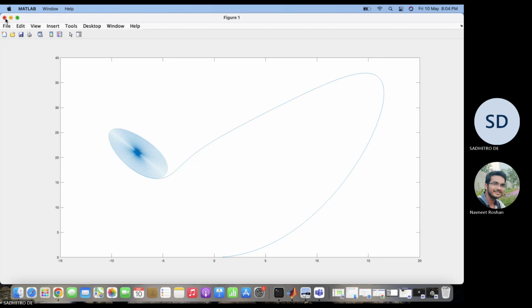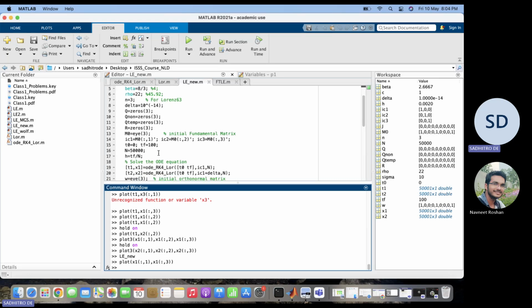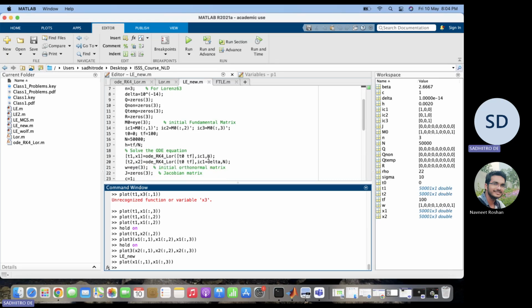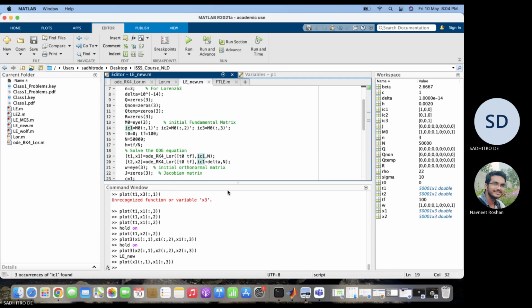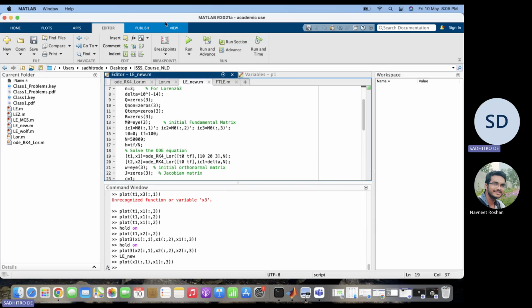Okay, I can also start off with another initial condition. So I can start off with 10. Let us see what this looks like now.